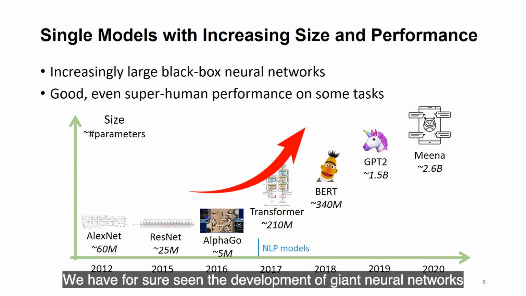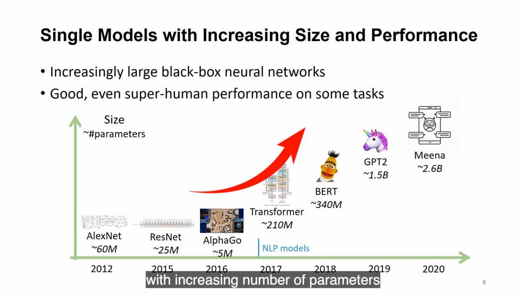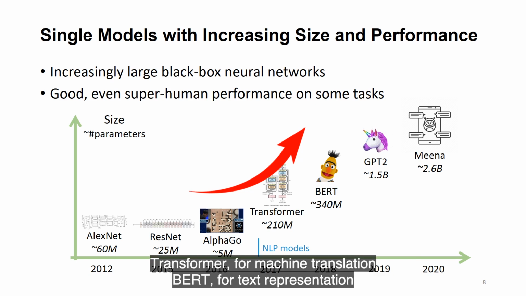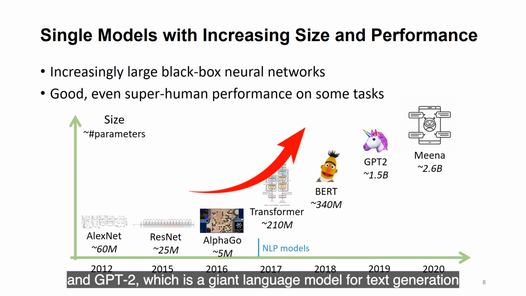We have for sure seen the development of giant neural networks with increasing numbers of parameters, such as AlexNet and ResNet for image classification, AlphaGo, the world's most powerful Go player, Transformer for machine translation, BERT for text representation, and GPT-2, which is a giant language model for text generation, and finally Meena, a chatbot with 2.6 billion parameters.